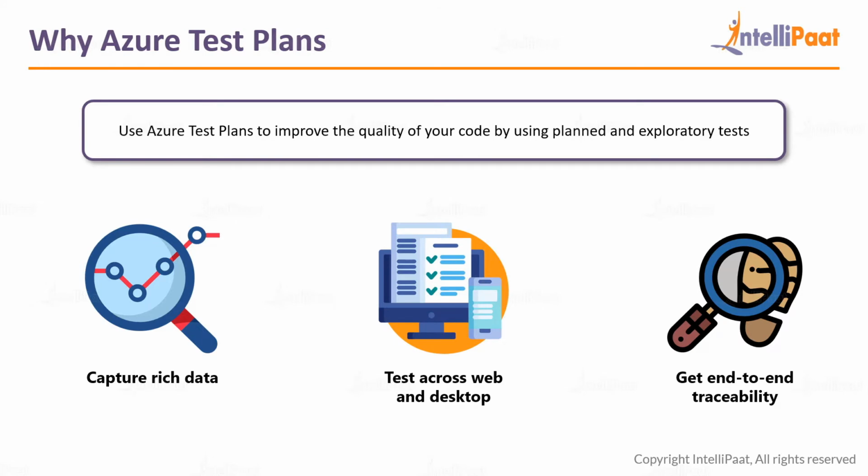So use Azure Test Plans to improve the quality of your code by using planned and exploratory tests. So you can capture data, you can test across any website, across any desktop applications, and get end-to-end traceability. So if you are using exploratory tests, there is an application provided by Azure Test Plans itself. It is a Chrome extension.